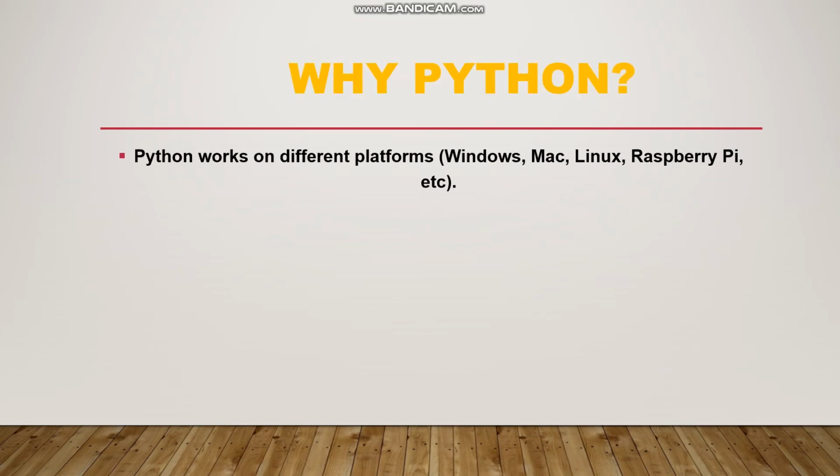If I come to why I should prefer Python or why I should use Python, it is because it works on different platforms. It can work on Windows, it can also work on your Mac, Linux, and also Raspberry Pi.